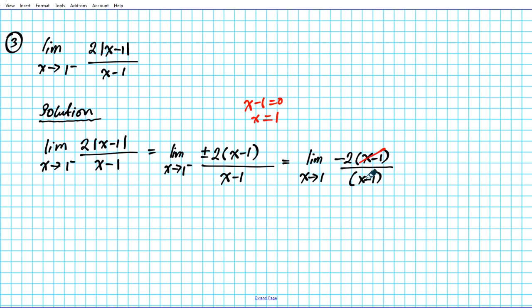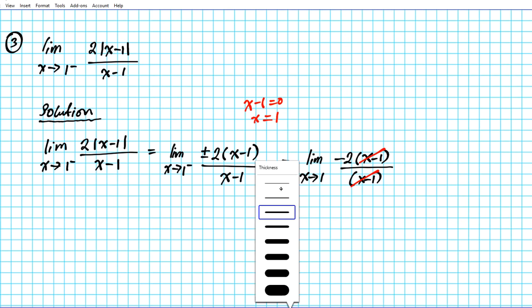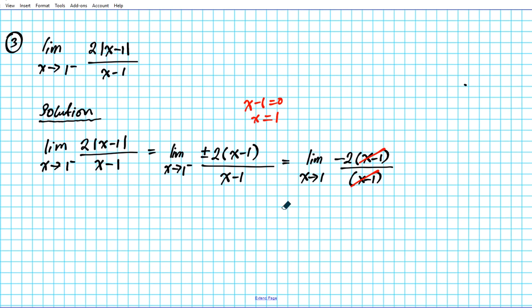These x minus 1s divide out, and now this becomes the limit as x approaches 1 of negative 2. Our final answer is negative 2, because it's a constant function that's independent of where x is going. So there goes your answer.